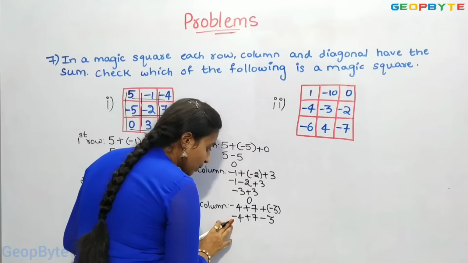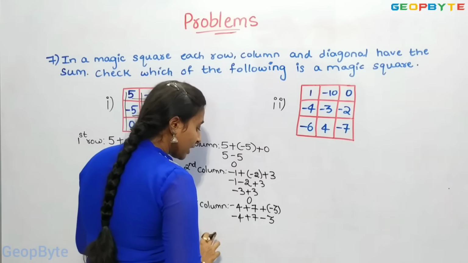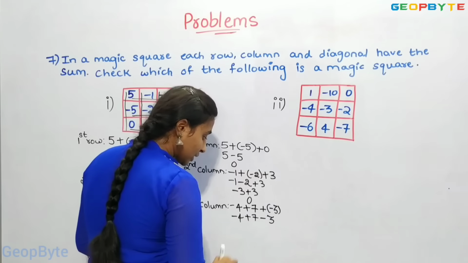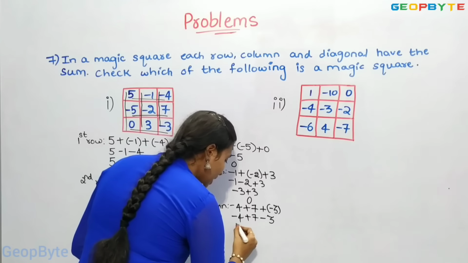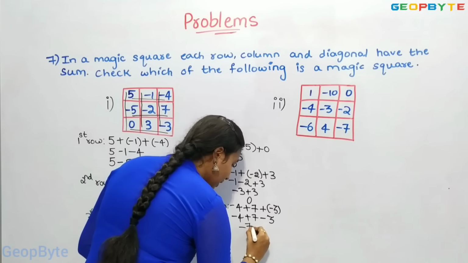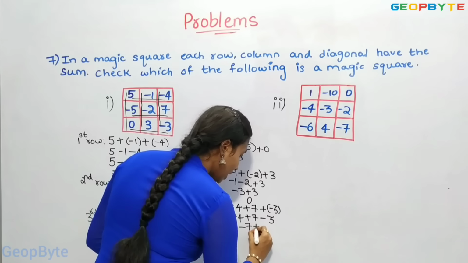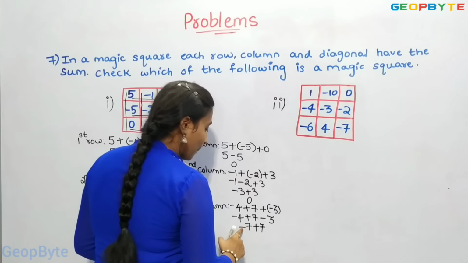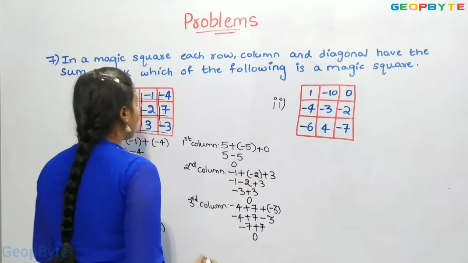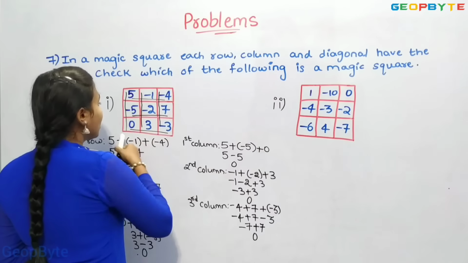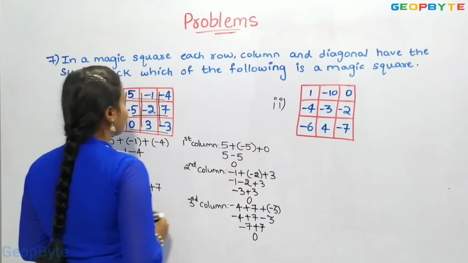Now, minus 4, minus 3. Let us add the negative numbers first. Minus 4, minus 3. 4 plus 3, 7, that is minus 7. The remaining one, plus 7. Minus 7 plus 7, 0. Now, let us check with diagonals.